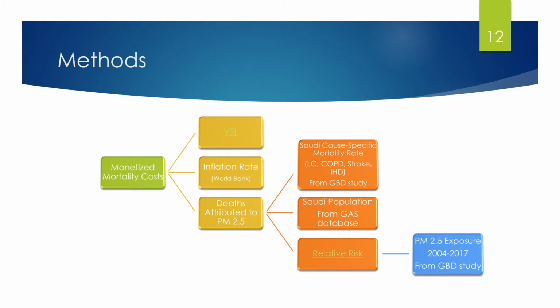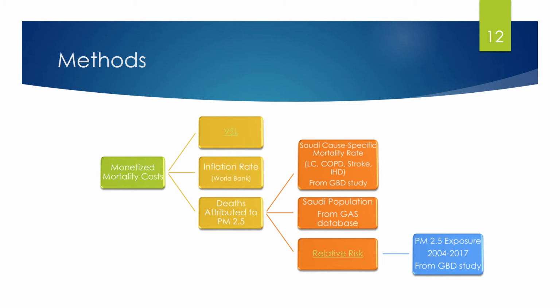The first thing that we need is something known as the VSL, or the value of statistical life. What that refers to is the amount or the value that a society puts on an undefined life. And the way to measure VSL is to essentially divide the willingness to pay by the amount of risk reduction.